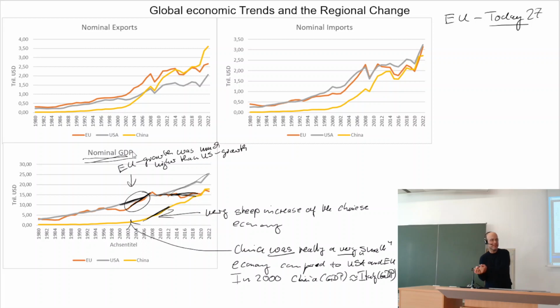If we go to the time series, especially if we look at the exchange rate between euro and the US dollar, then just before the financial crisis we had an exchange rate of 1.6 dollars per euro, and then it came down even to parity. So $1 is 1 euro, and right now we are around 1.1, 1.2.